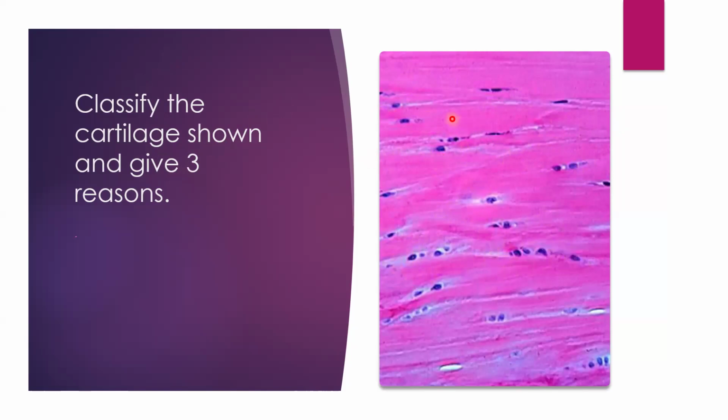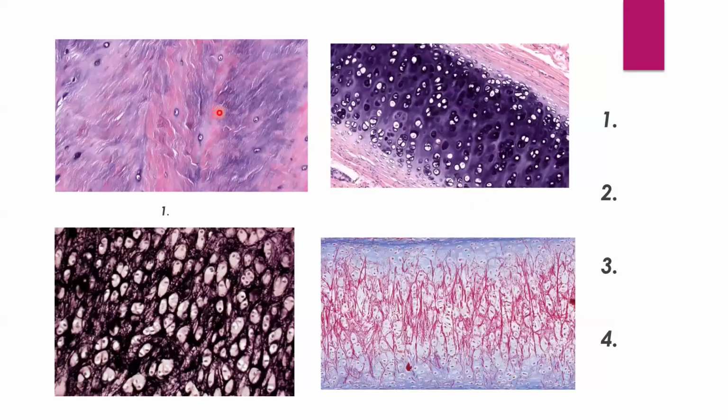So this gives us a characteristic of fibrocartilage. Some of the fibers are somewhat parallel to each other. You can appreciate it's less cellular. Then you can also appreciate it has collagen type 1. These are sample questions that you can be asked. At this point, this is fibrocartilage.